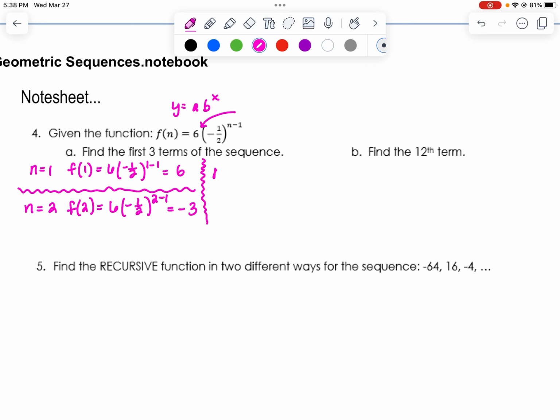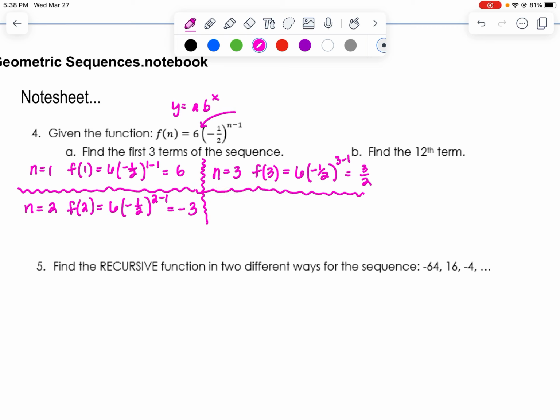And now let's find the third term. So when n is 3, we have f of 3 is 6 times negative 1/2 to the 3 minus 1. We type that into our calculator or do that in our head, and we get positive 3/2.